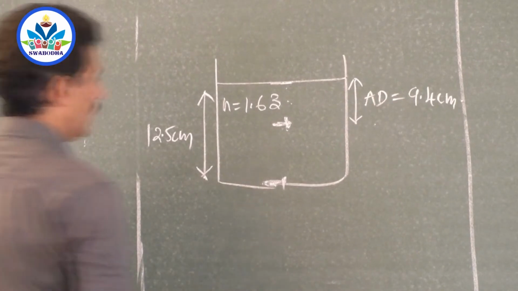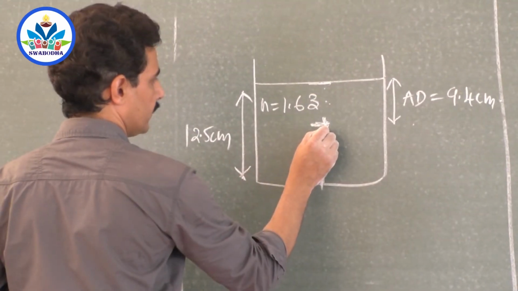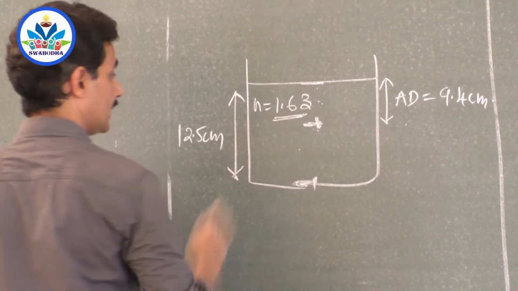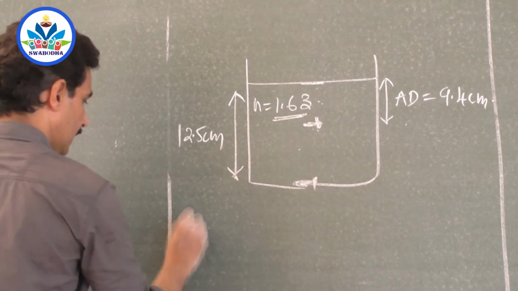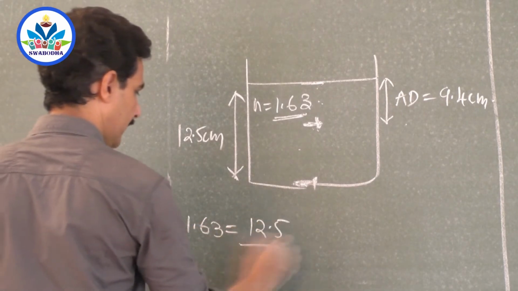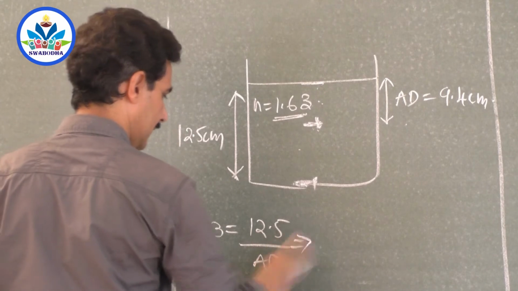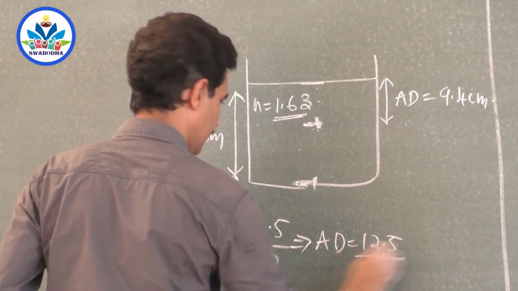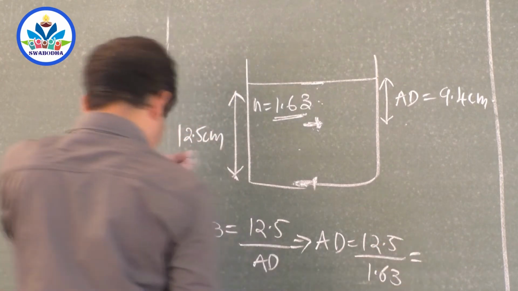Okay. Now it is at a depth of 9.4 centimeters when it is water. When this is filled with the new liquid, what is the apparent depth we will calculate. Now, refractive index is equal to real depth by apparent depth. That implies apparent depth is equal to 12.5 divided by 1.63. What is this one?